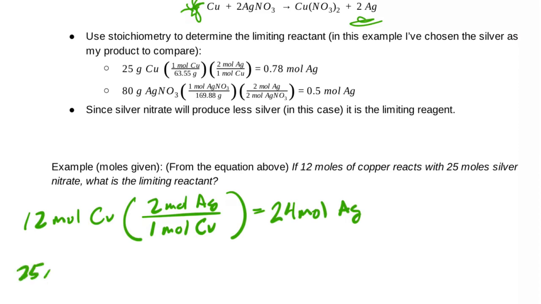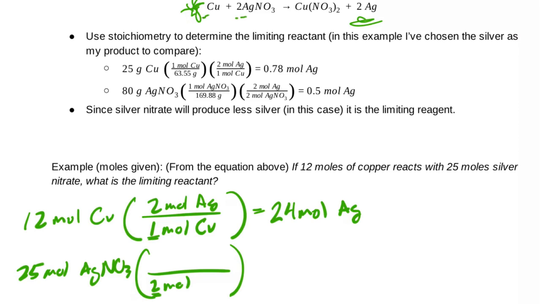Now look at 25 moles of AgNO3, and we'll do the same process. I take these coefficients, 2 and 1, from those provided in the equation. For every 2 moles silver nitrate, on the other end, I get 2 moles of silver.